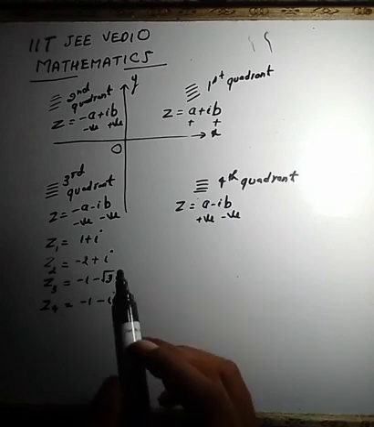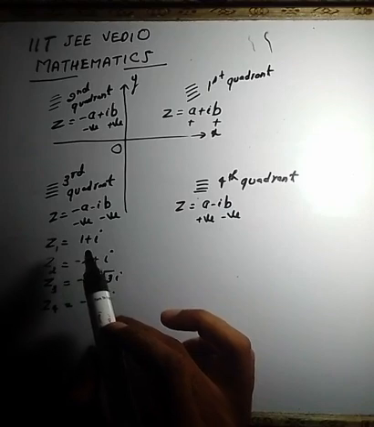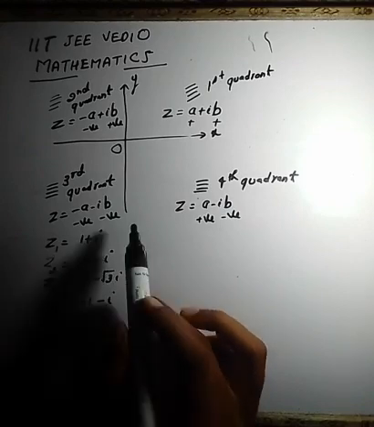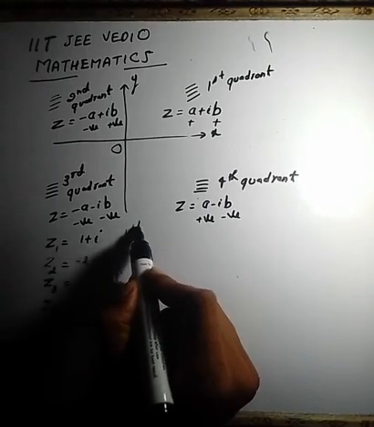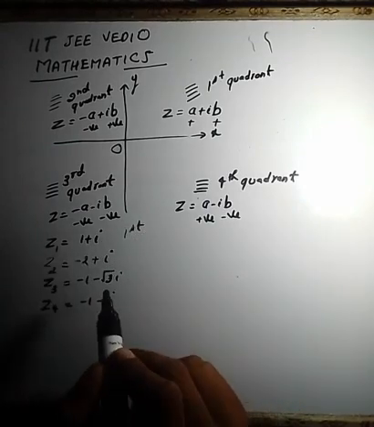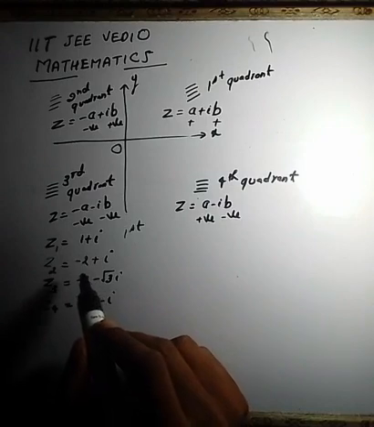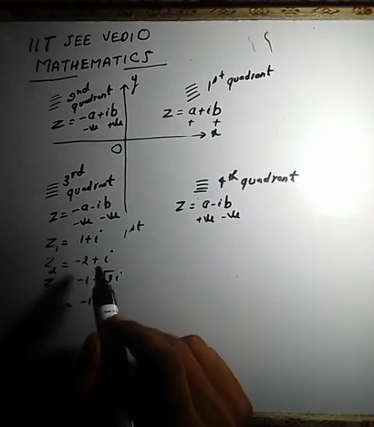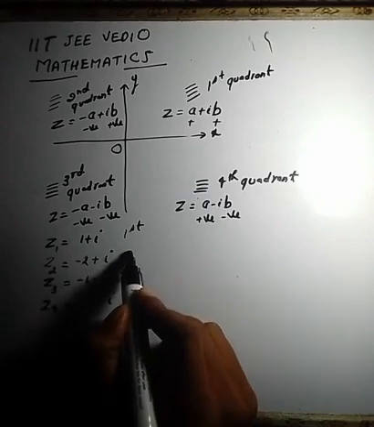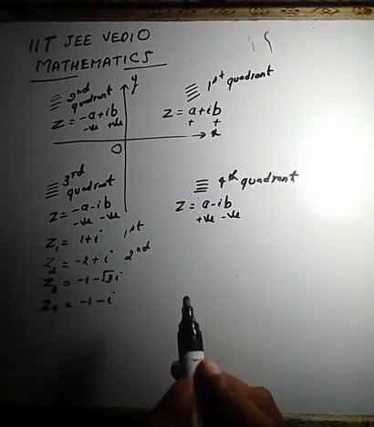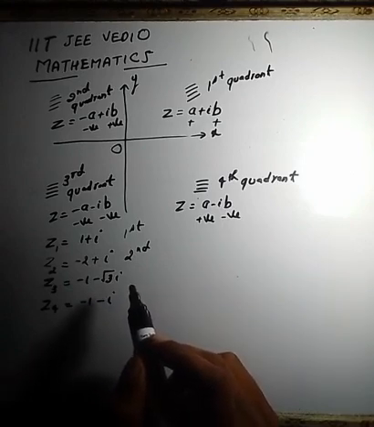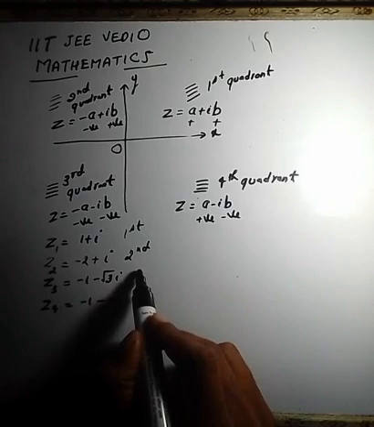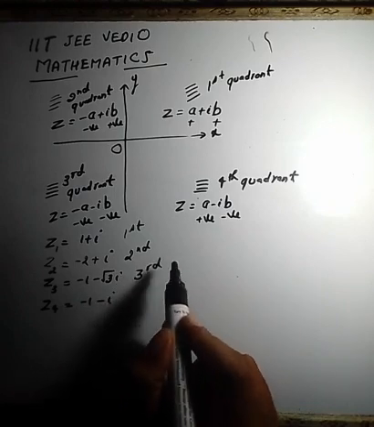So now z1, in the z1 a is positive and b is positive, so z1 occurs in first quadrant, and in the z2 a is negative and b is positive, so it will lie on second quadrant. And for z3 a negative and b is also negative, so it will lie on the third quadrant.